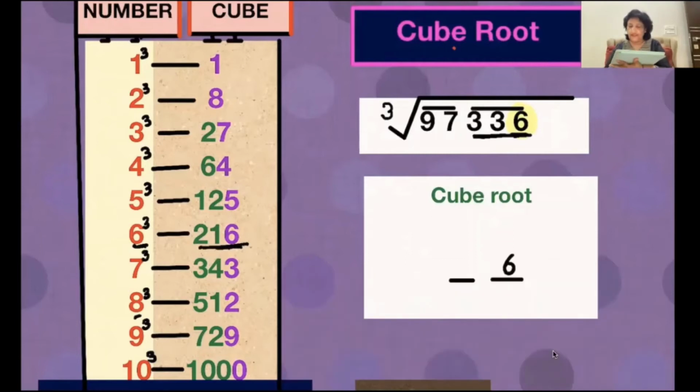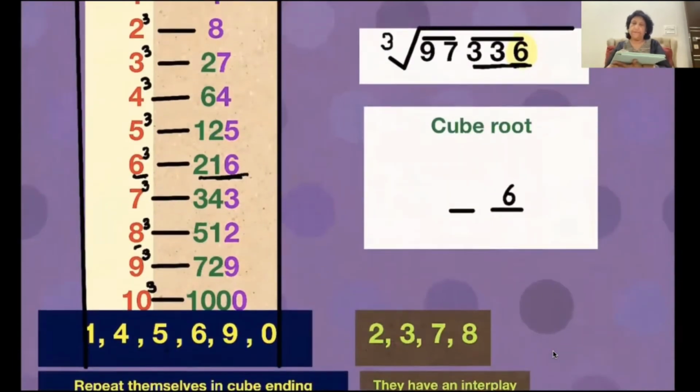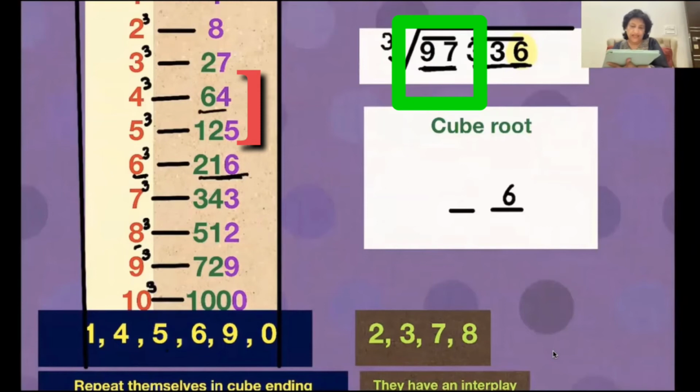Now to find the digit at the tens place of the cube root, we will see this group. This is 97, and try to observe the cube of which number is just smaller than or equal to 97. Now, 97 lies between 64 and 125.